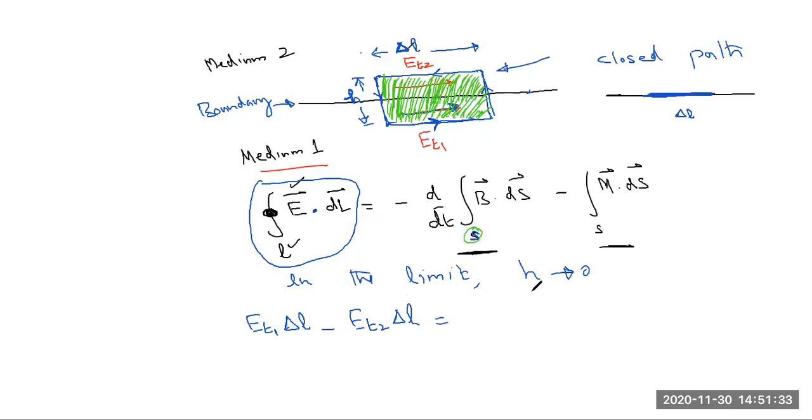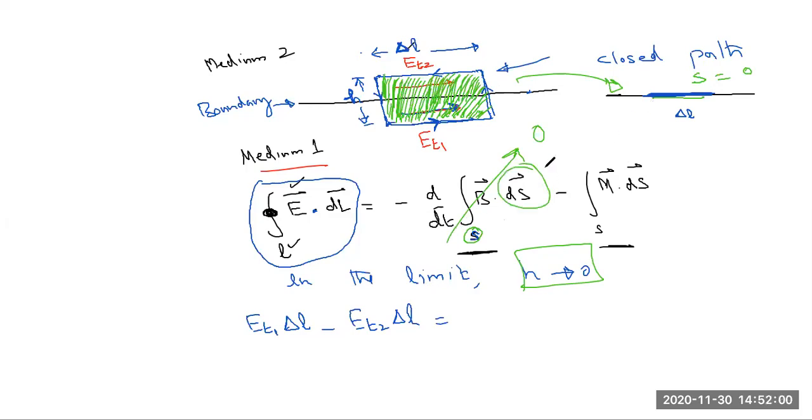But when I apply this limit, h approaches 0, then you can see that this becomes like this. So how much is the surface area? It is equal to 0. There is no surface, there is only a line. If there is no surface, the magnetic flux passing through the surface will also be 0, because flux depends on area.